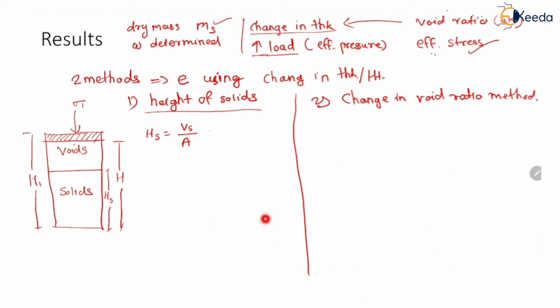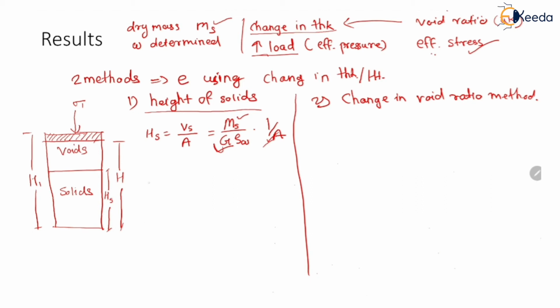Volume of solids can also be written as Ms upon G rho W, divided by A. So Ms is the mass of the soil, that is the dry mass of the soil. G is the specific gravity of the solids. A is the cross-sectional area of the soil specimen.